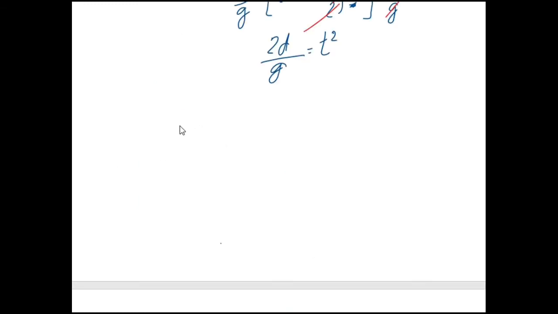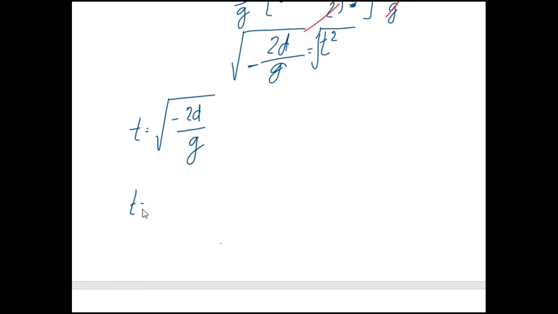Alright, let's continue with this. We have a negative here. Negative 2d over g equals t squared. So we now have to get the square root of both sides. So you now have t equal to the square root of negative 2d over g.